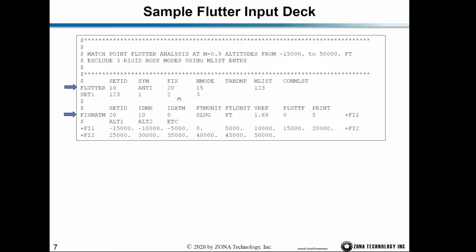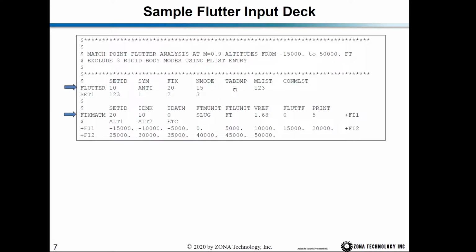And then you say, okay, I want 15 modes to be included in this Flutter analysis. For example, if the ASSIGN FVM executive control command imports, say, 30 modes, and then you use 15, that means you only include the first mode to the 15th mode for Flutter analysis.